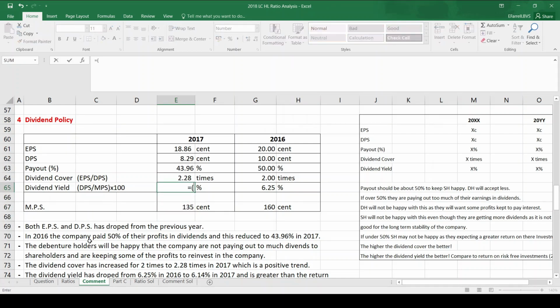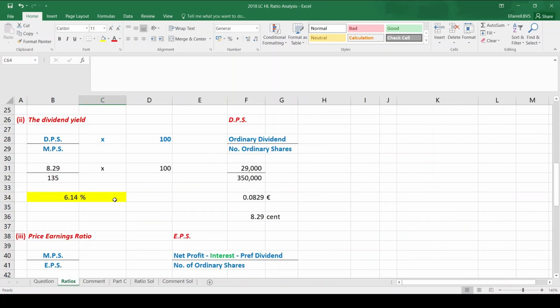The dividend yield is dividend per share divided by the market price per share, multiplied by 100. So that's 6.14%. And that's the same ratio as we worked out in part A, a 6.14% dividend yield.